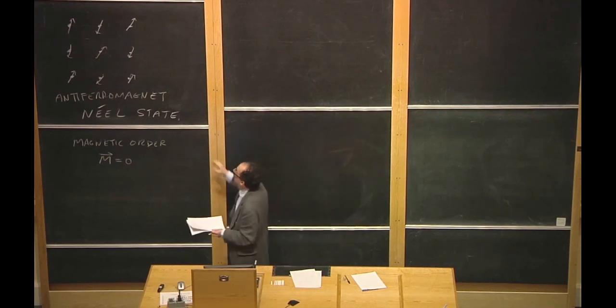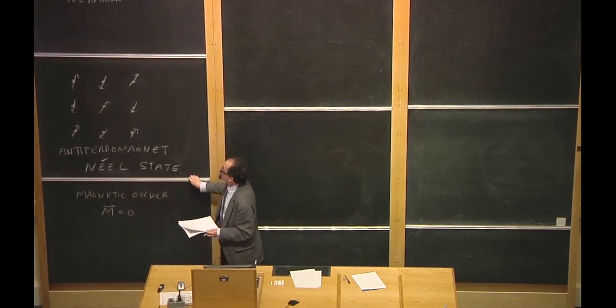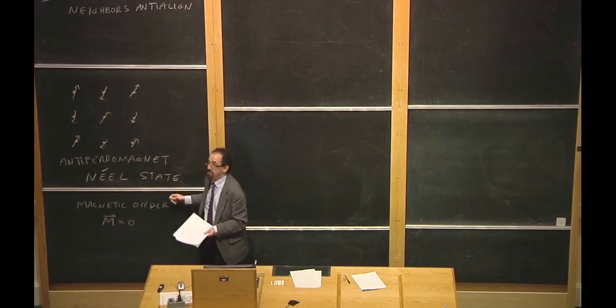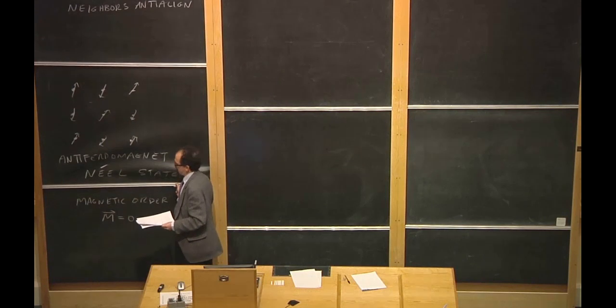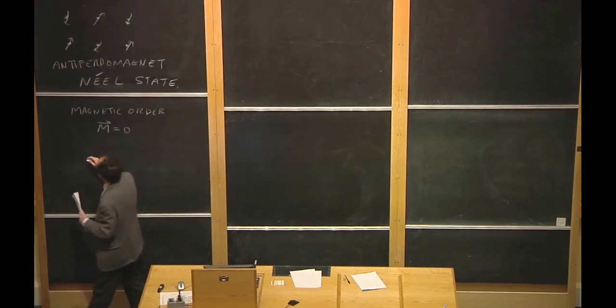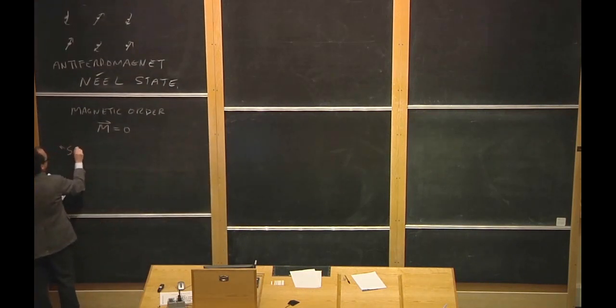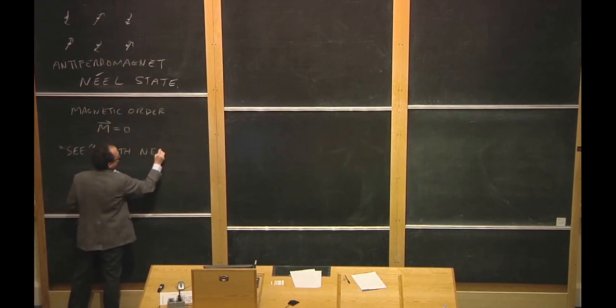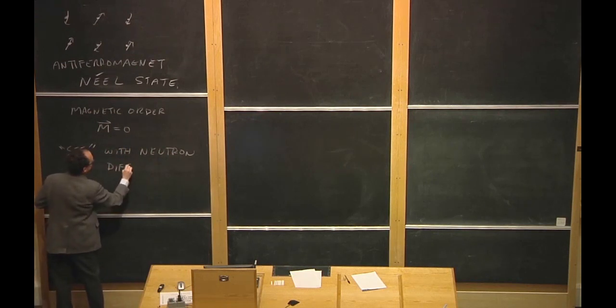But in the modern era, there's actually a very direct way to see this sort of physics, which is to do neutron scattering on it. So let me make sure you can write that down. You can see it with neutron scattering, or neutron diffraction, I guess we should call it.